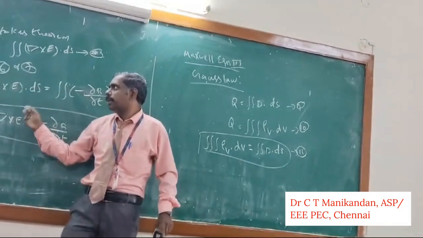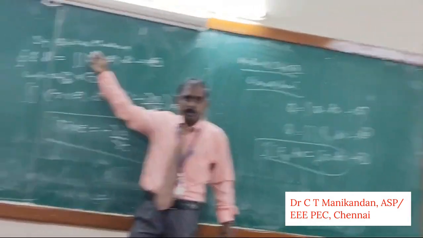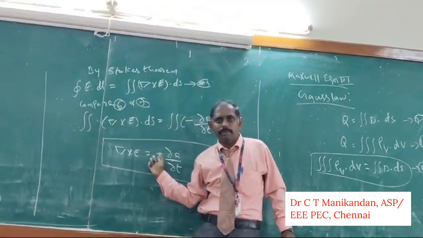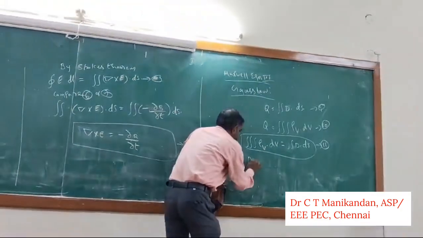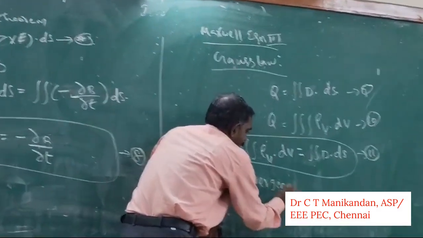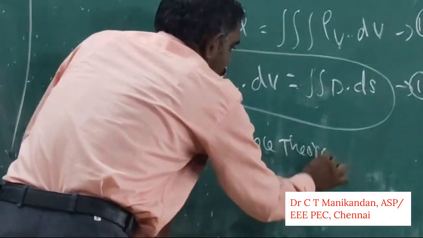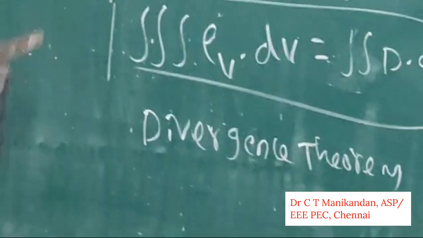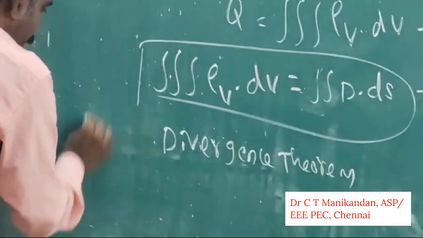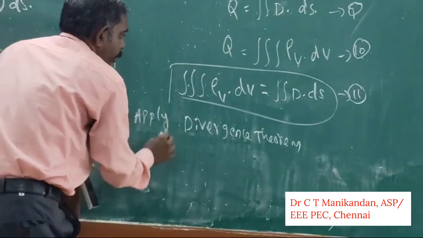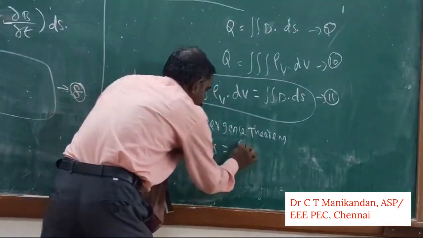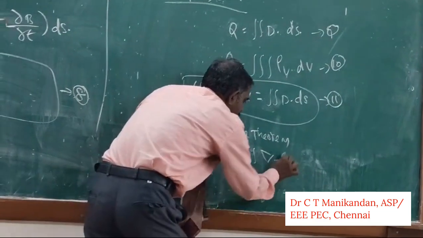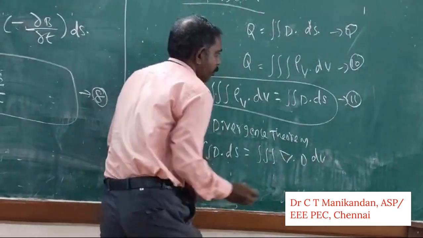For the first two equations, we applied Stokes' theorem to convert integral to differential form, whereas here we apply the divergence theorem. When you apply the divergence theorem, the surface integral of D dot ds equals the volume integral of del dot D dv.